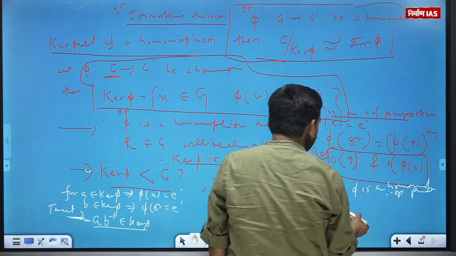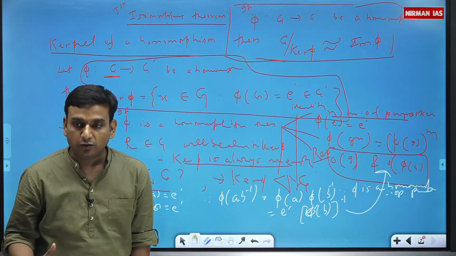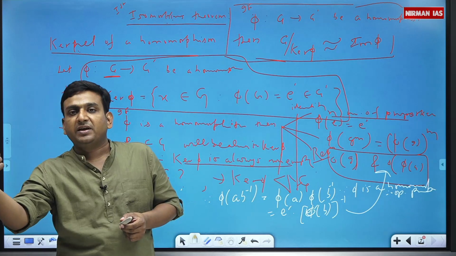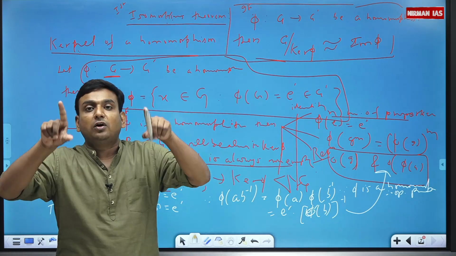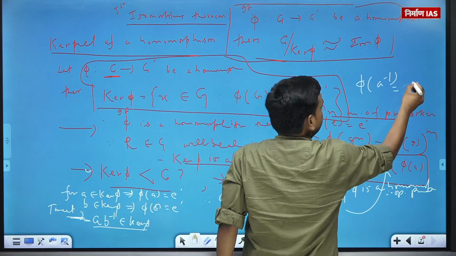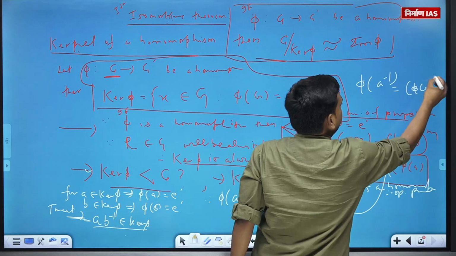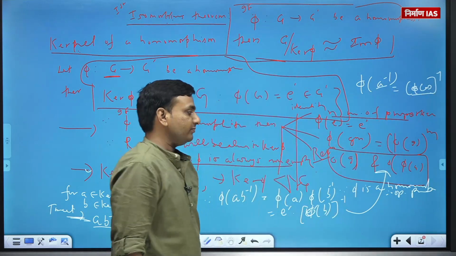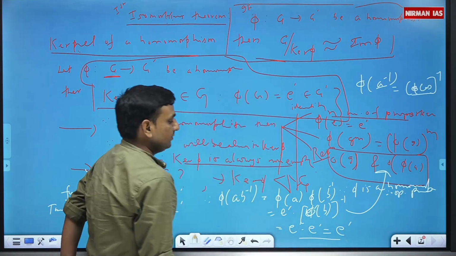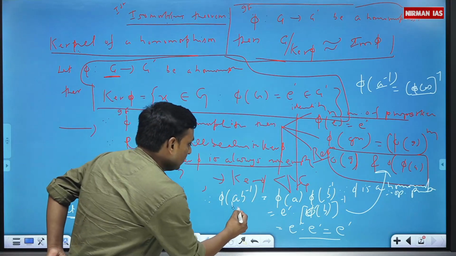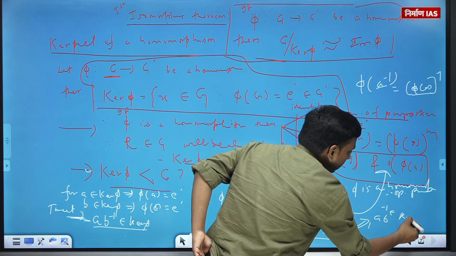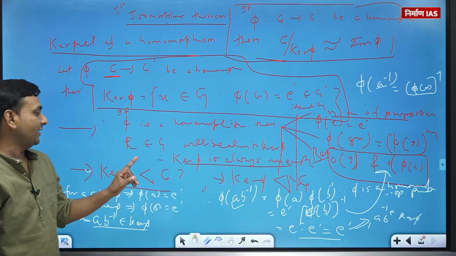In the properties part that you are doing, there also you will note phi of inverse of some element is the same as inverse of phi of that element. Note it down. Phi of b inverse is the same as inverse of phi of b. So that I used here. Ultimately, it comes out to be e dash composed with e dash, that means the same as e dash. So what you've shown, this implies a b inverse belongs to ker phi. And we are done or not?